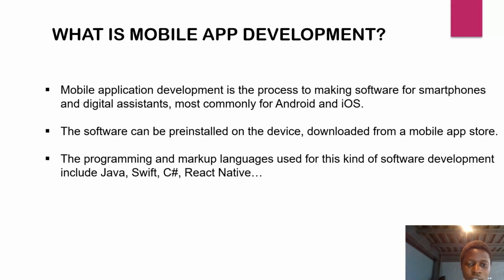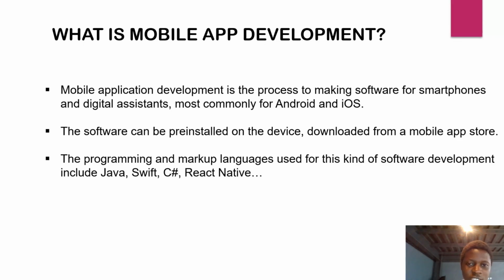For example, for your laptop or computer, most times you have either Windows or macOS, which is the operating system for Apple devices. We also have Linux, Ubuntu and so many others. Those are examples of operating systems. It's a software that connects both the software and hardware of a device together.